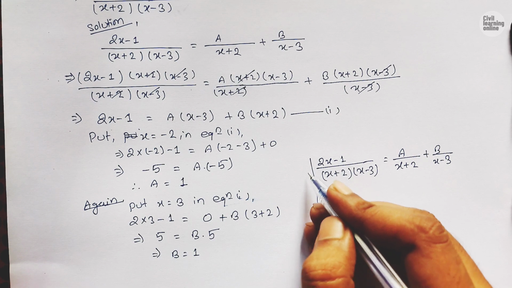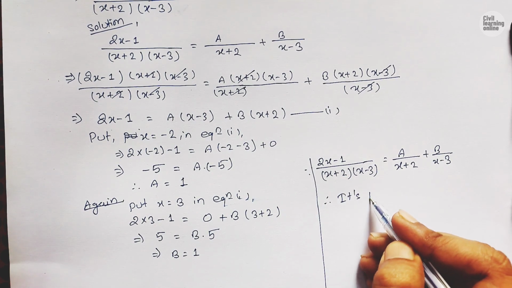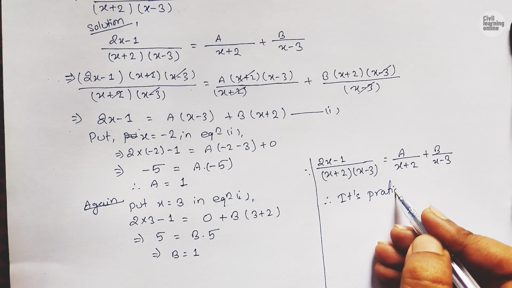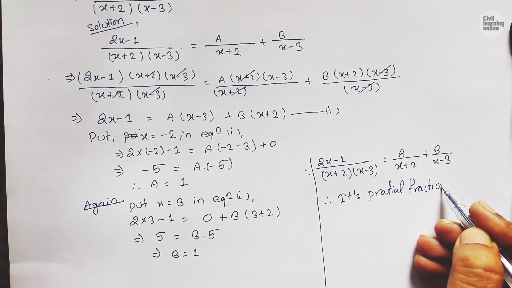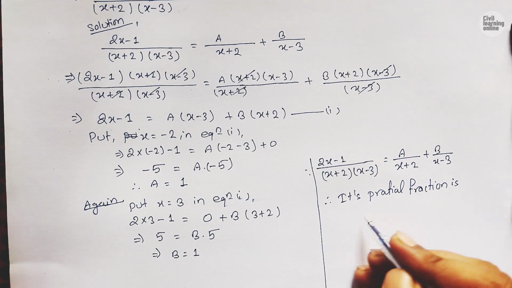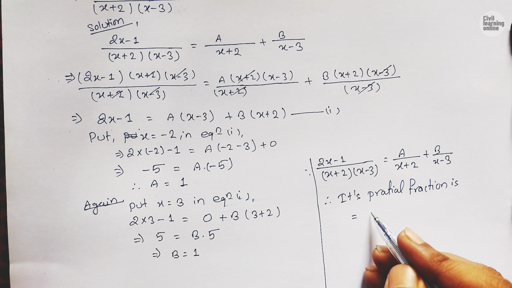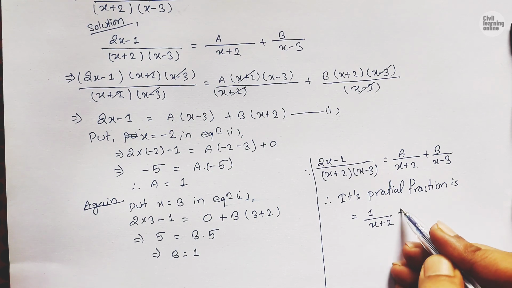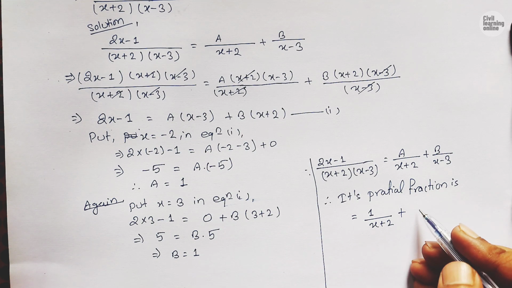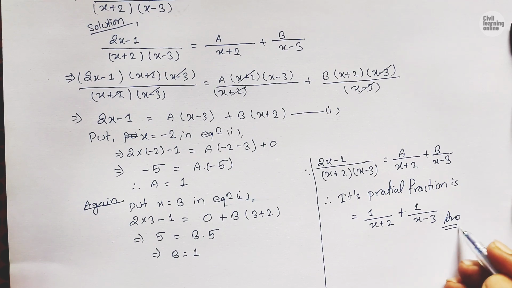Therefore its partial fraction is, we have got the value of a, so in place of a we will write the value of a, 1 upon x plus 2 plus, in place of b we will put the value of b, that is 1 upon x minus 3, and this is our final answer.